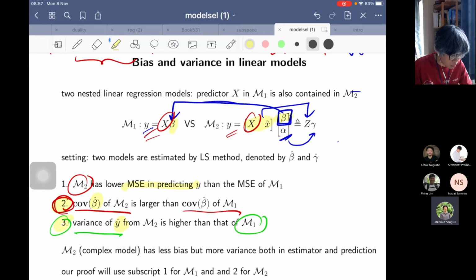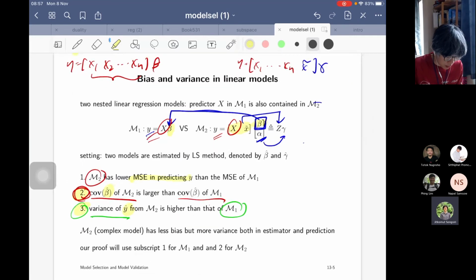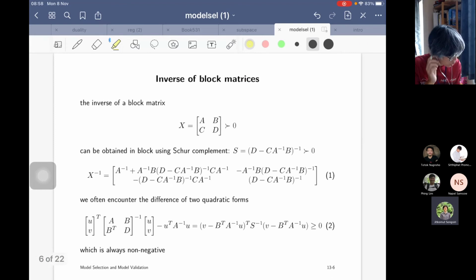So number 2 and number 3 are disadvantages of using a more complex model. We will prove everything, and we're going to use subscript 1 for model 1. Everything labeled with 2 will be for model 2. All right, and in order to show this, we will rely on the linear algebra results, the inverse of block matrices.